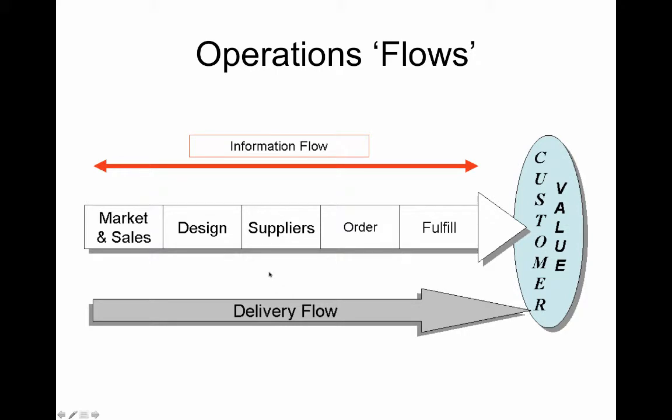The order is then fulfilled by being delivered somehow. There's also information flows to do everything from capturing what the customer is interested in, what they need or want, as well as perhaps their actual order.